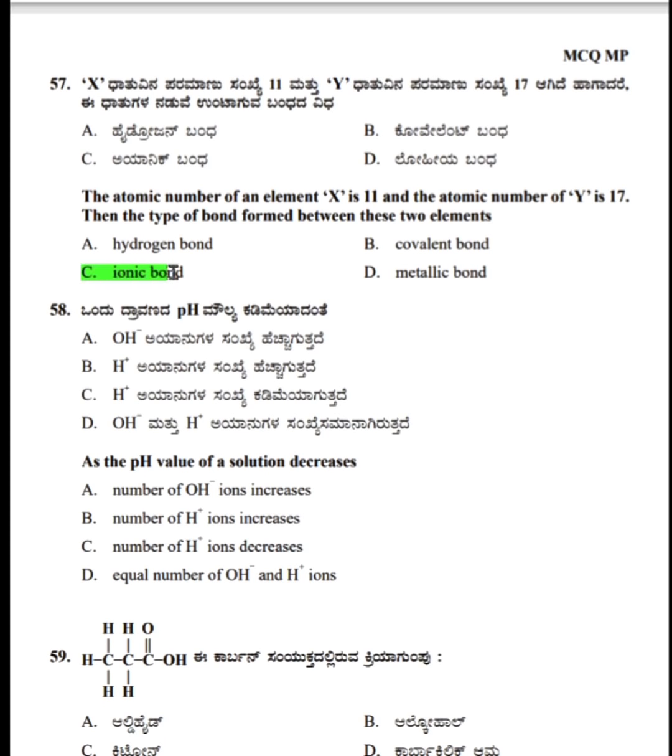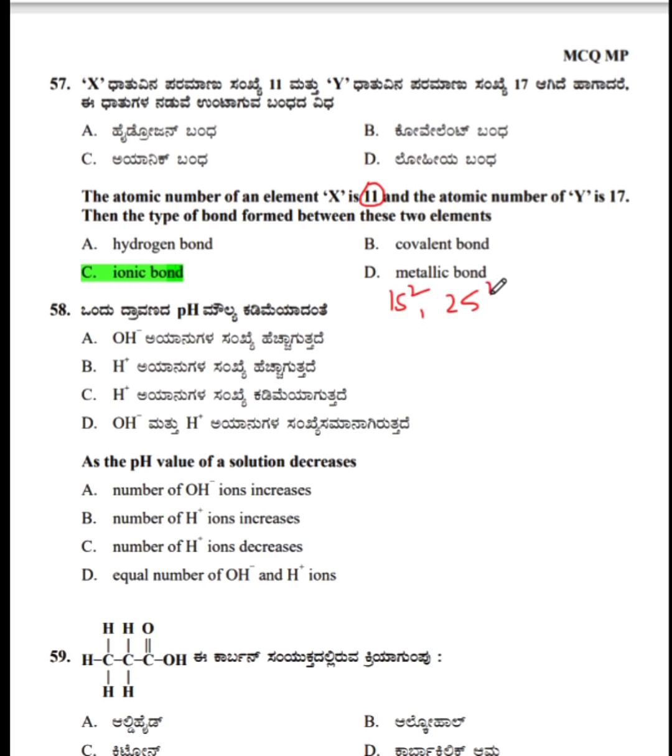Students, write down the electronic configuration for atomic number 11 and for atomic number 17, and you can see that to obtain octet structure, the element X will transfer one electron to element Y. Therefore, if there is transfer of electrons, the type of bonding will be called ionic bond.